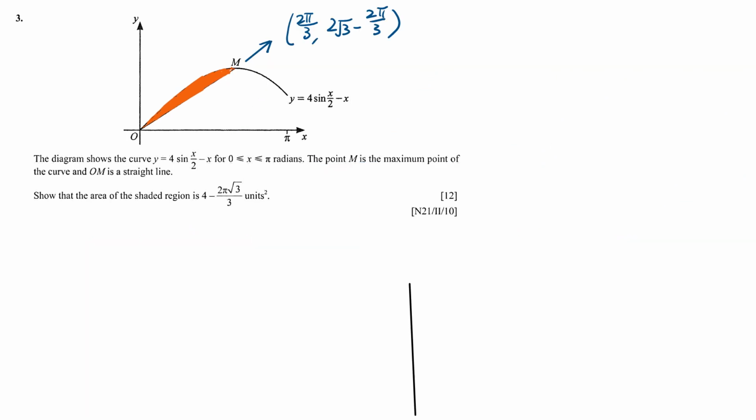Right, so the next thing we need to do, having found the x coordinate for point M, is substitute it into the equation of the curve, which is y equals 4 sine x over 2 minus x, to find the y coordinate.